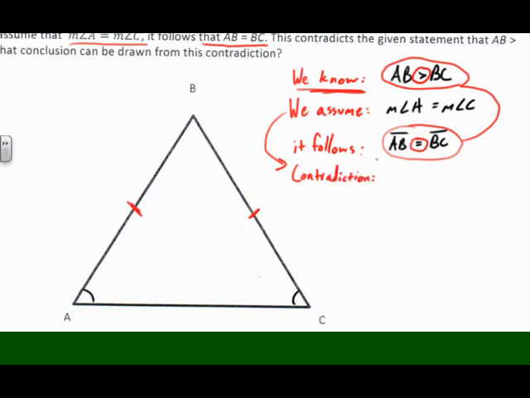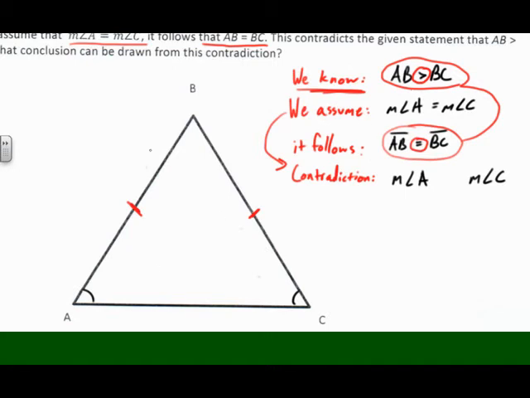What can we say about the measure of angle A and the measure of angle C? Well, we know that AB is greater than BC.